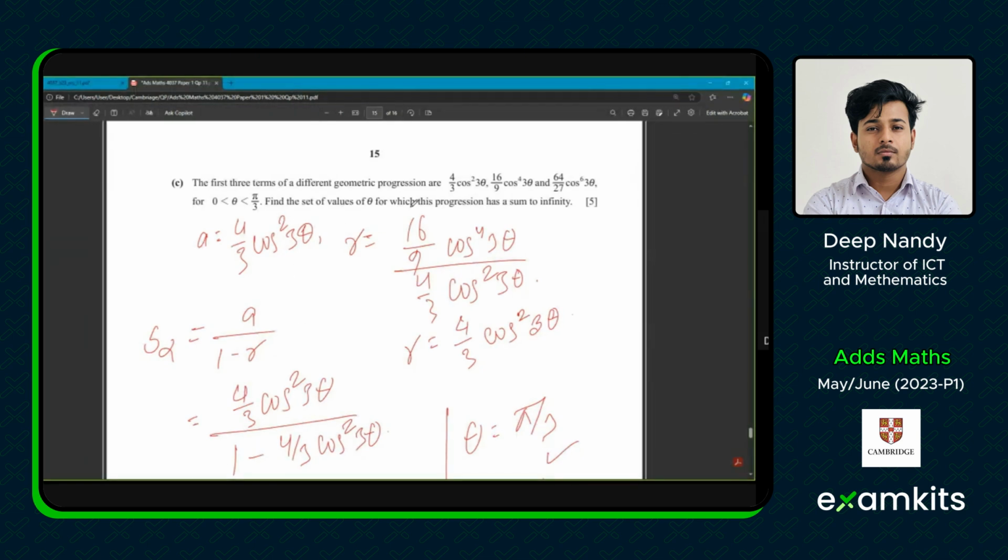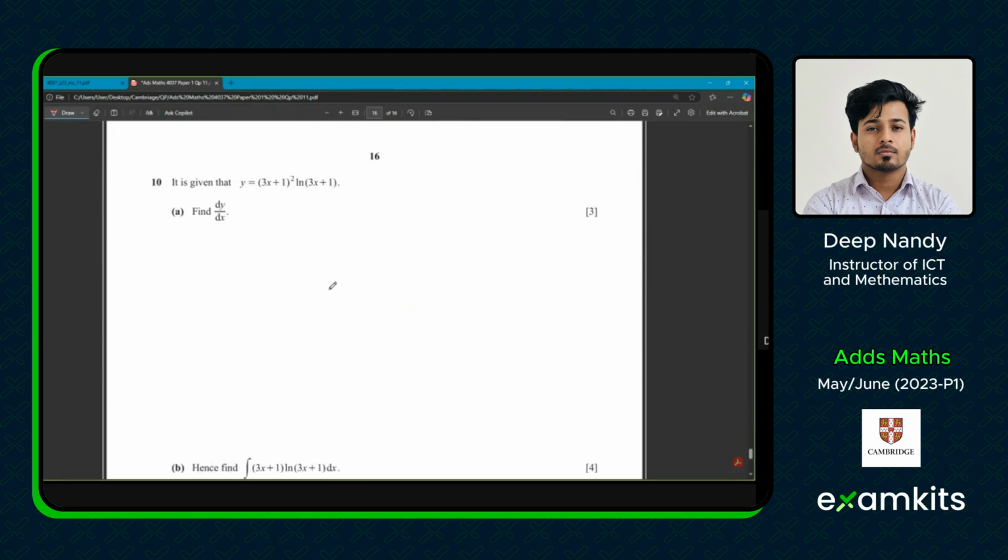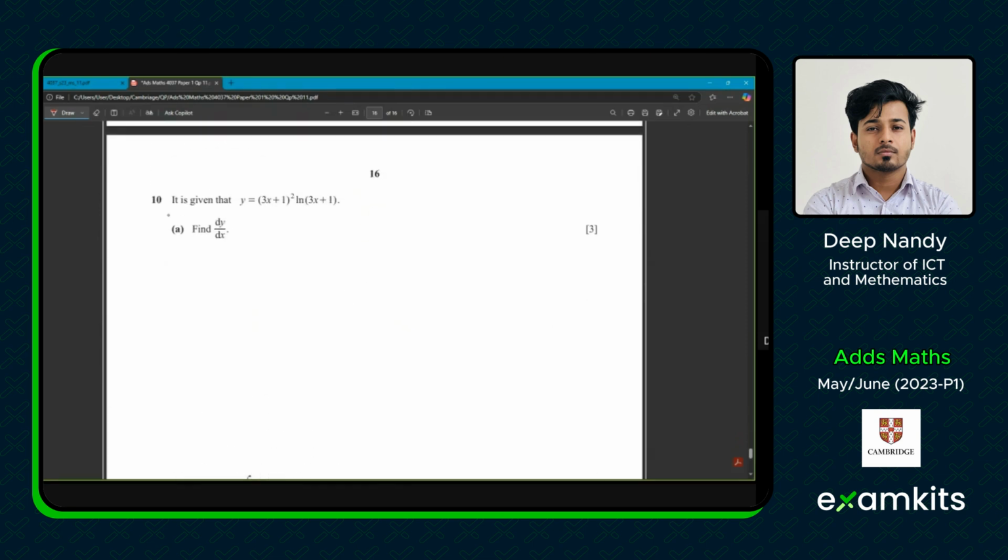Find the set of values of θ for the progression and the sum to infinity. Now for part a, when we differentiate it, the equation is given by (3x+1)² ln(3x+1). We need to use the product rule.